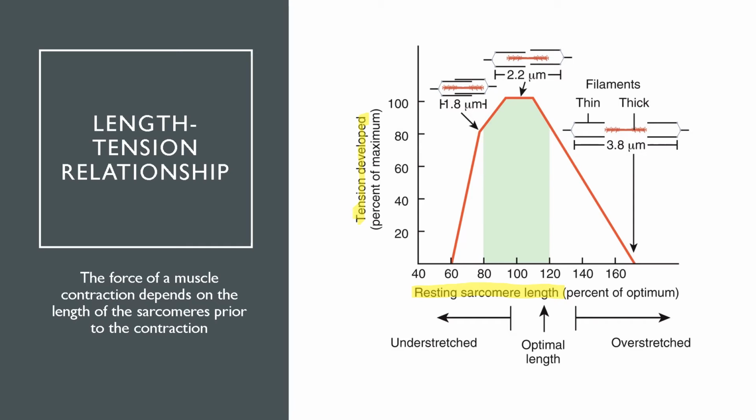So with a sarcomere length of about 2 to 2.4, it's kind of like here to here approximately, or 2.2. This is going to be very close to the resting length in most muscles. This is where the zone of overlap in the sarcomere is optimal. And this is where the muscle fiber can develop the maximum tension here.